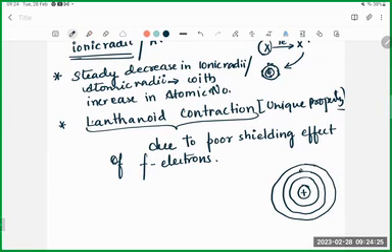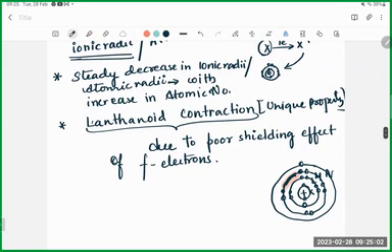The previous shell will always act as a shield for the outermost shell, right? This is called the K shell, this is called the L shell. The K shell can have a maximum of 2, the L shell a maximum of 8, then 18, but the outermost shell should not have more than 8. So the previous shell always acts as the shield. Shield in the sense that it protects this electron from the nucleus.